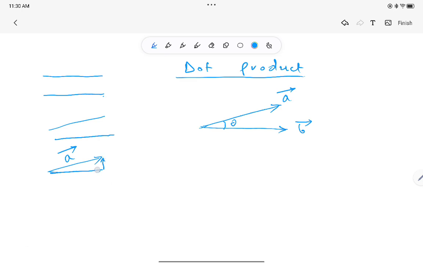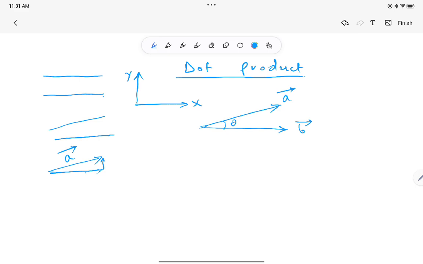We also saw that these two components of the vector are perpendicular. X and y are perpendicular, as expected. So are x and z. X, y, and z. So we have this situation here.